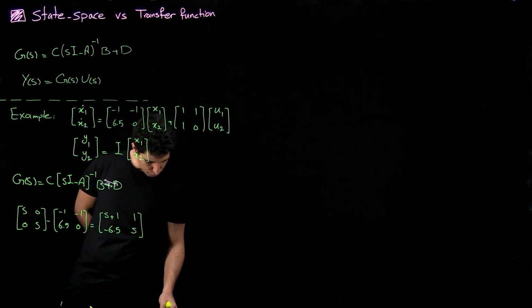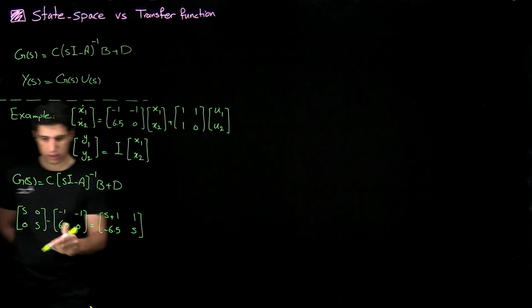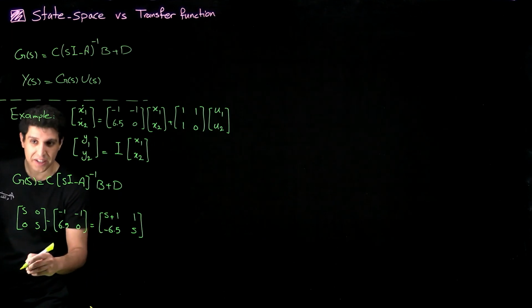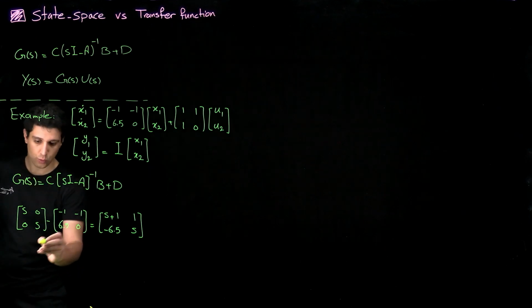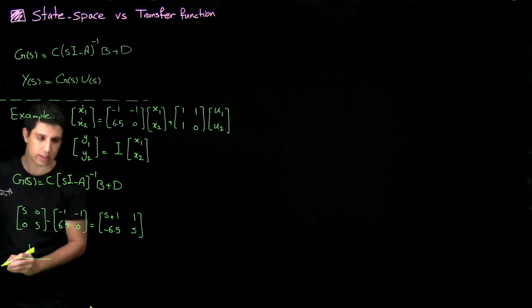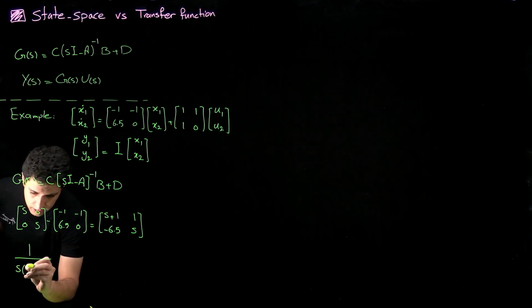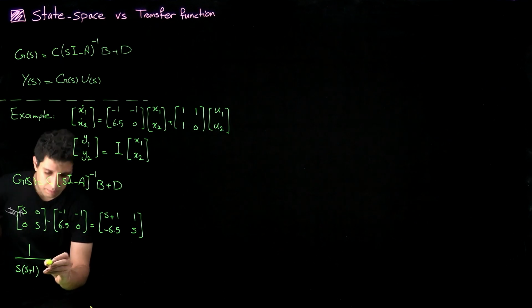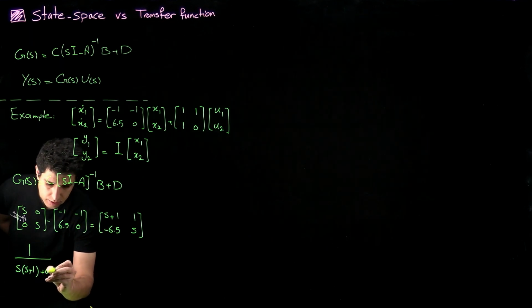So I'm looking for 1 over the determinant. The determinant is s times (s + 1), plus 6.5.